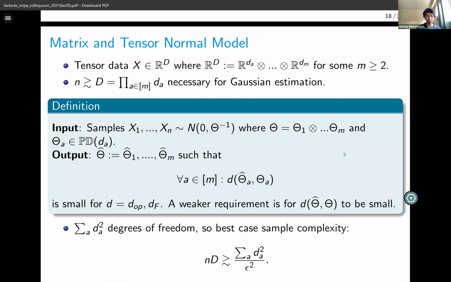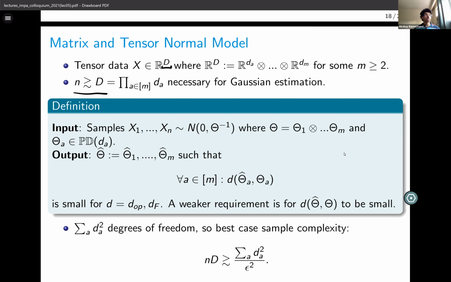So as I mentioned before, for any D-dimensional Gaussian, now it's a capital D, if you want to learn an arbitrary covariance matrix, then you need at least capital D samples. But now what if your input was some sort of tensor? So like a K-part tensor, right?